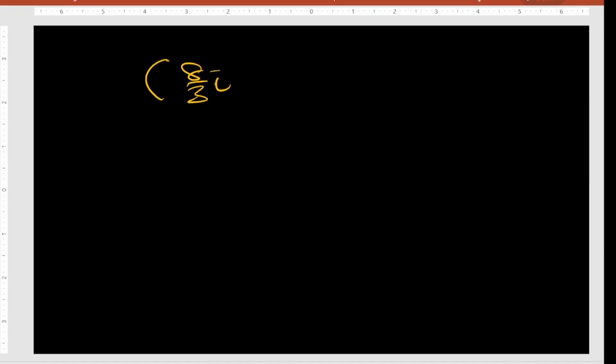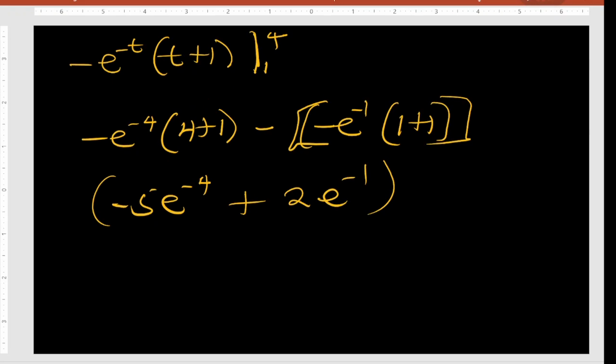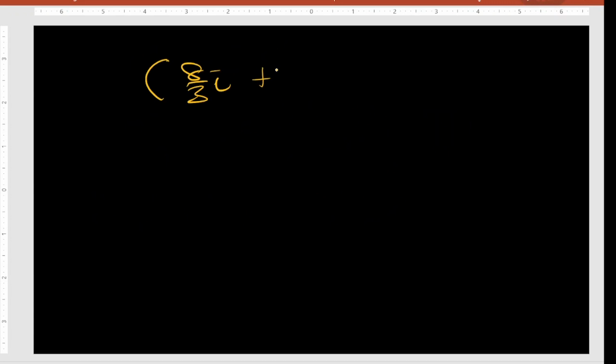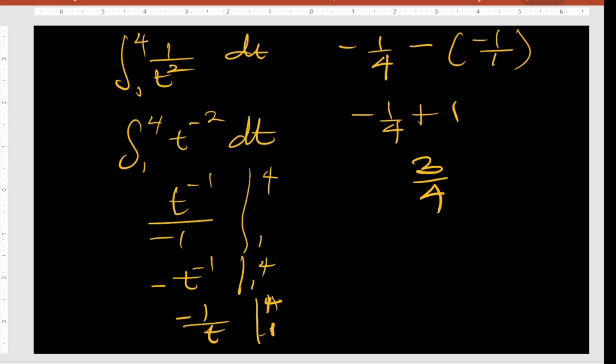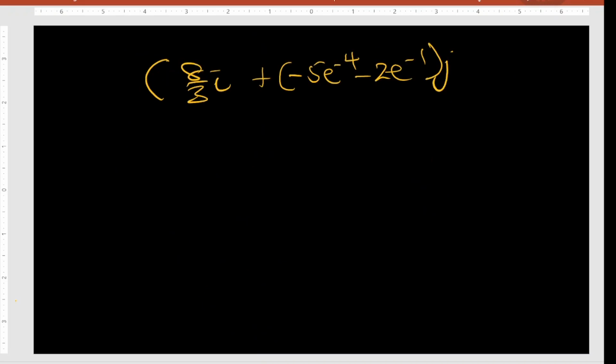Then the second one, we had minus 5e exponent negative 4 plus 2e exponent negative 1, so plus the bracket minus 5e exponent negative 4 plus 2e exponent negative 1 j. Then the last one is 3 over 4 k.